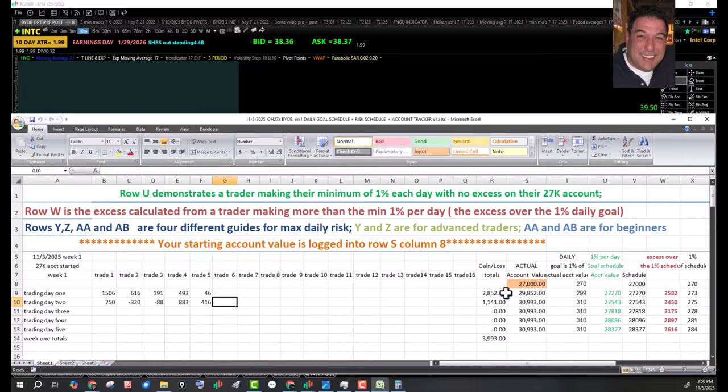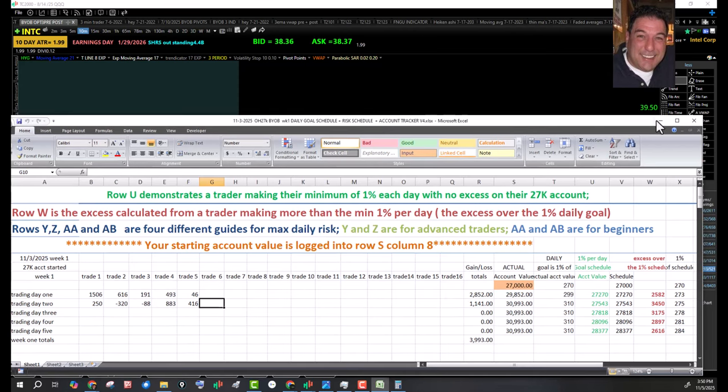So here I did 10%, and the day before that I did, we'll just call it 3%. And then today I did another 5%. So you can see I can double my account relatively quickly when I'm doing more than 1%, and I make it look easy.